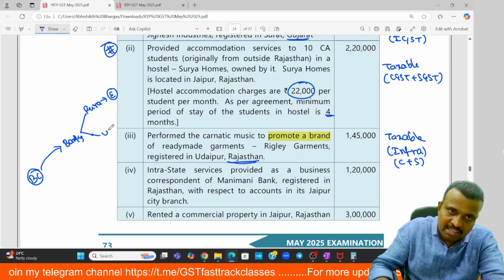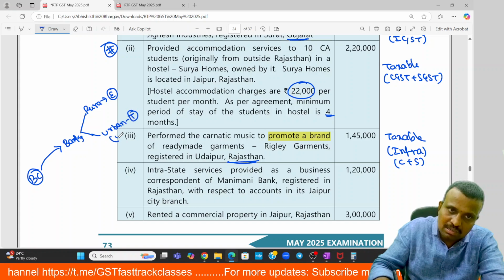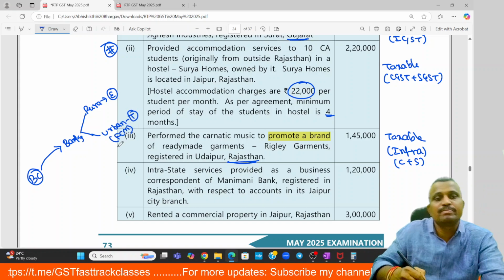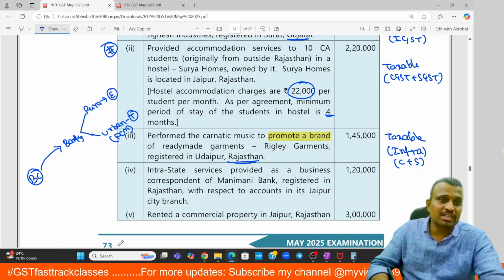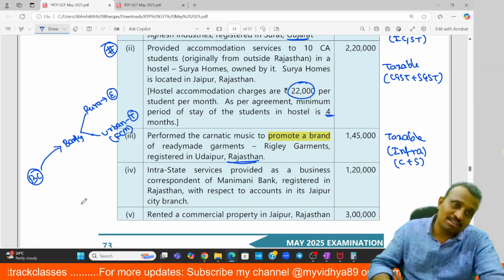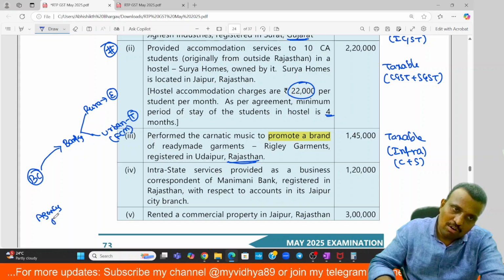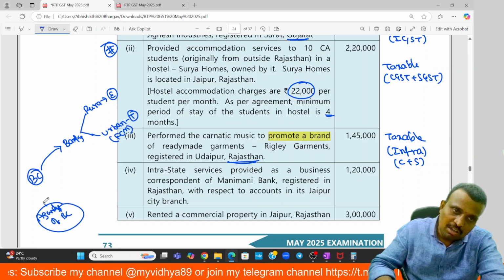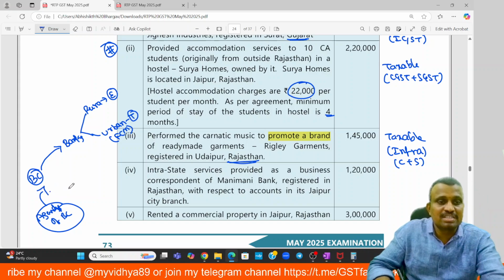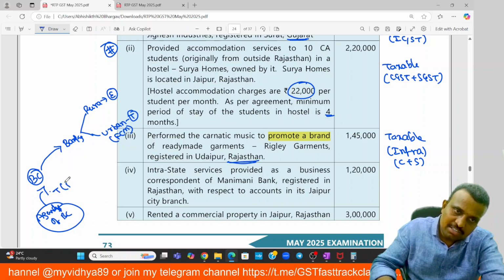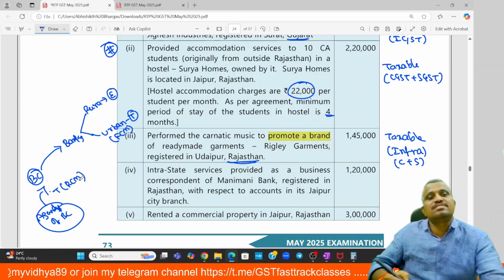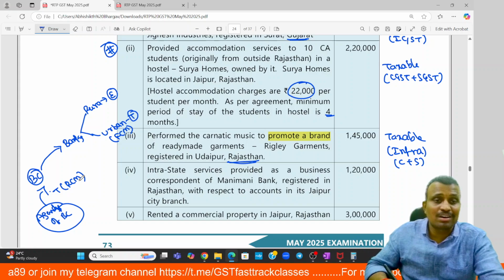But if it is provided in an urban area, it is taxable under forward charge mechanism. And if any agent of the business correspondent provides service to the business correspondent, this is taxable under RCM.